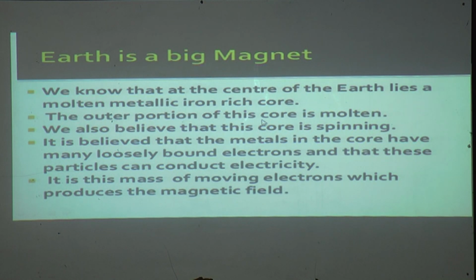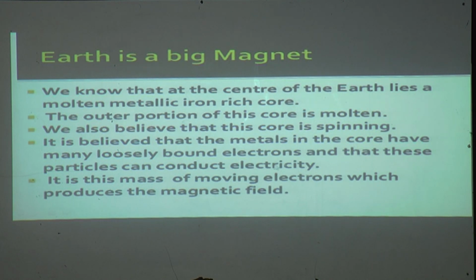It is believed that the metals in the core have many loosely bound electrons. The electrons from these metals are loosely bound, so these particles can conduct electricity.